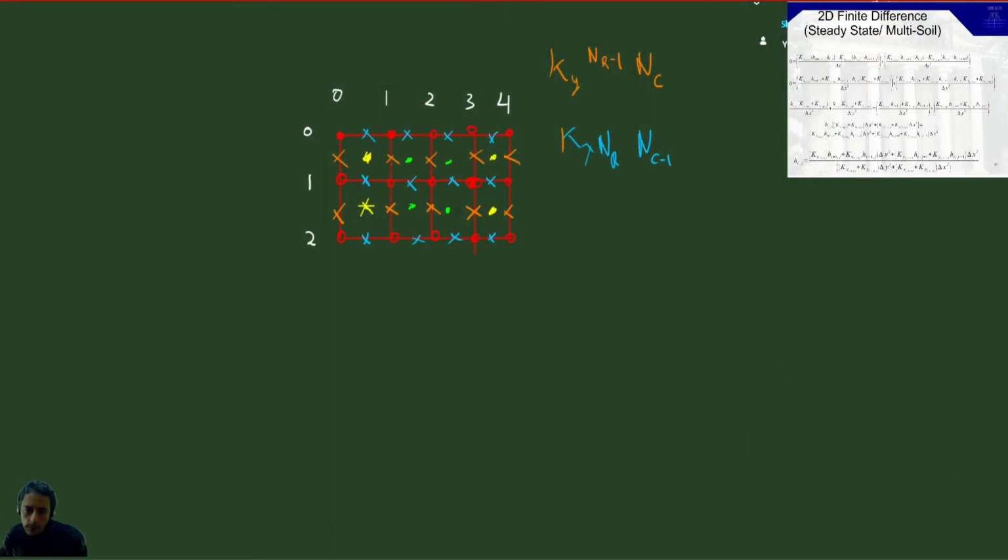Okay, so if we look here, for all of the kx's, these are the kx's, and the kx's are based on the average, the vertical average of kx's, and there's one less column.